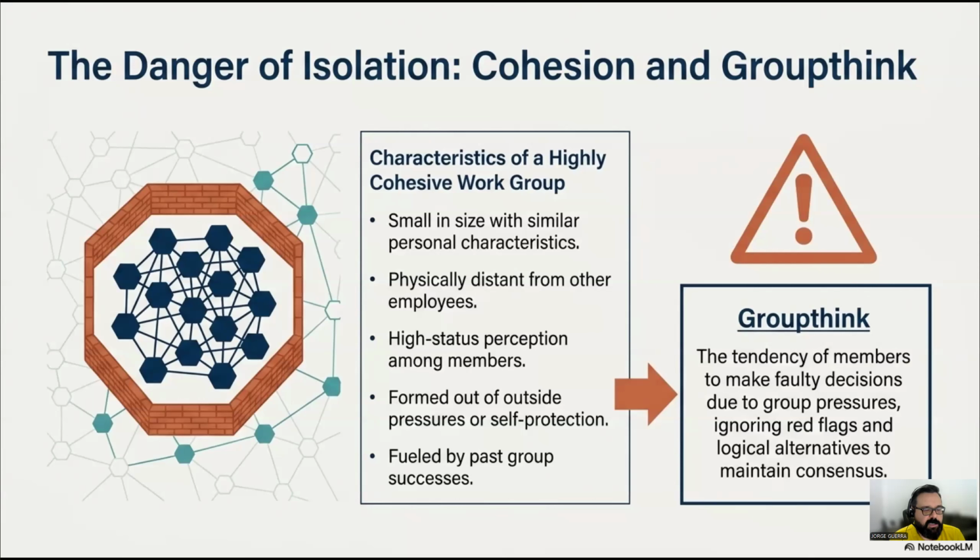We call this groupthink, which means that people stop asking important questions because everybody agrees and they just want to maintain agreement all the time. And this can bring some red flags because they ignore red flags.